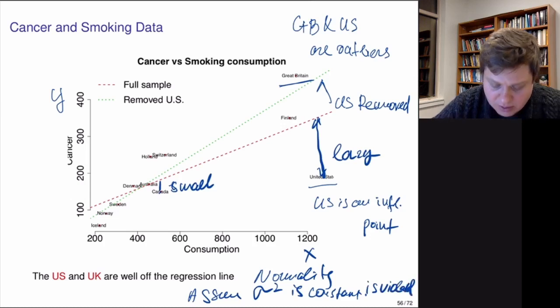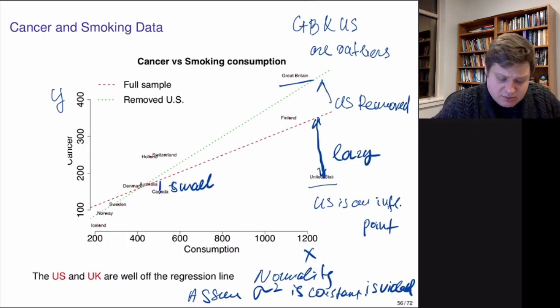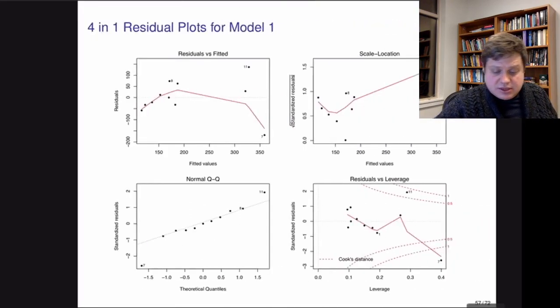Okay. So another assumption you remember is that y follows a normal distribution and the average of the y lies on the line. Those two assumptions are actually harder to check by just looking at the scatter plot, and we're going to look at a different plot that will help us to answer whether those assumptions are satisfied or not.